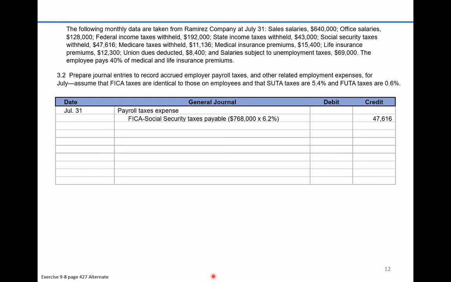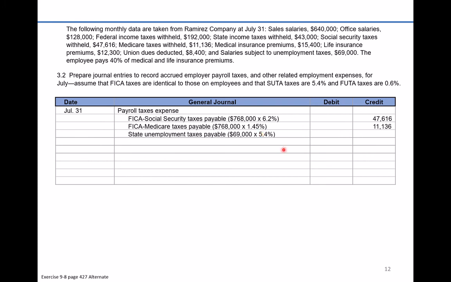So another $47,616 gets added to that Social Security taxes payable. The amount just doubled. Half that entire payable account is what employees contributed. The other half is what the employers contributed. The same is matched dollar for dollar with Medicare taxes, $11,136. Now Social Security taxes are taxed at about 6.2% and Medicare at about 1.45% according to this slide here.